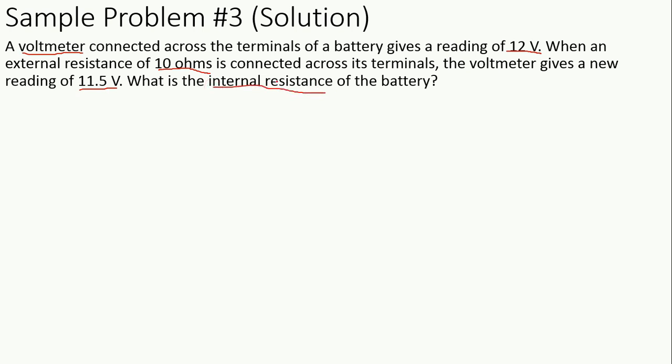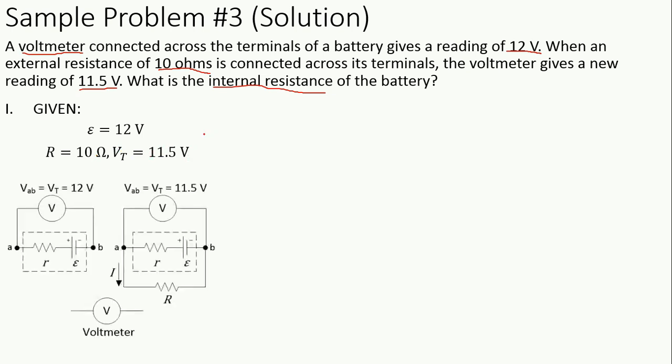So first, we list down the given quantities. We have epsilon to be 12 volts, external resistance capital R to be 10 ohms, and the terminal voltage to be 11.5 volts. So we can draw a simple sketch for the two cases. We let this symbol be a voltmeter.